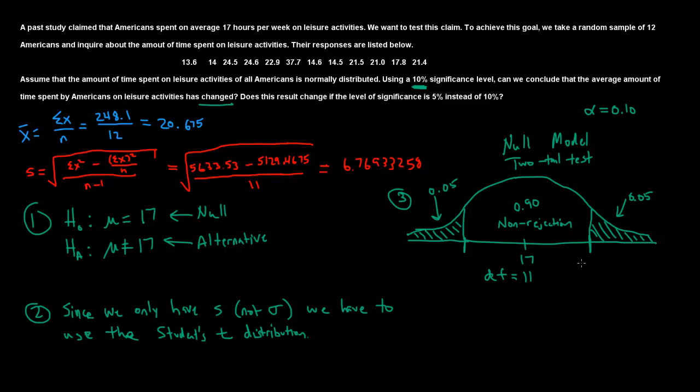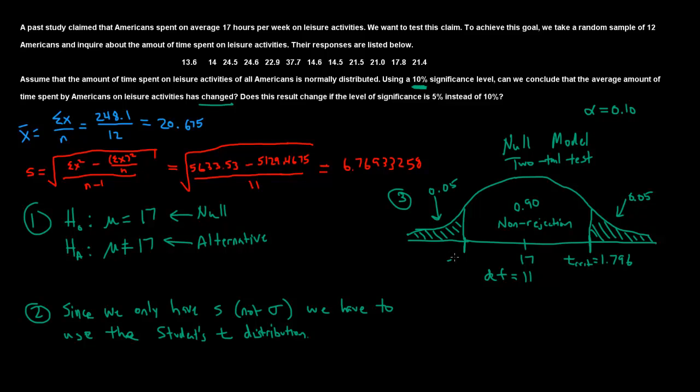So t crit, our critical point, equals 1.796. Make sure I've said that right. Yeah, 1.796. These are our critical values.